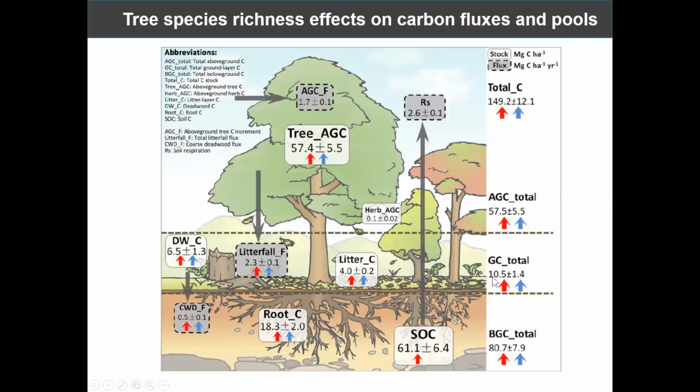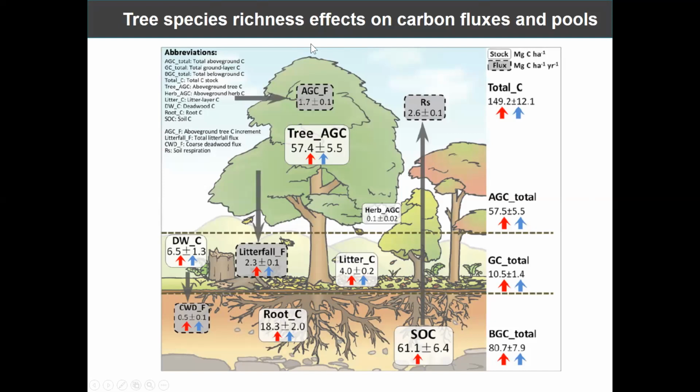So I wanted to show this diagram from one of the most recent studies of how tree species richness affects carbon fluxes and pools, just to show you how different compartments affect carbon fluxes.